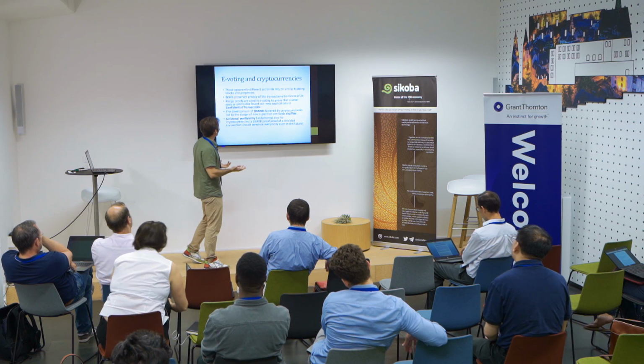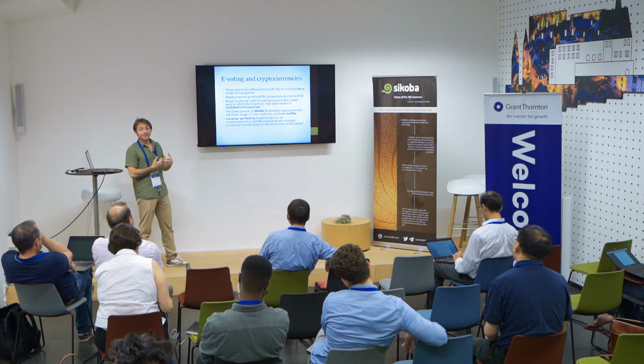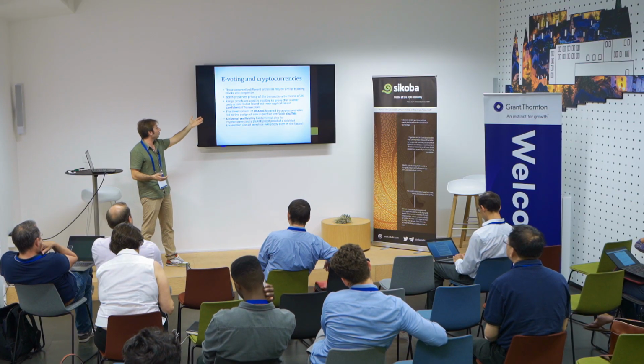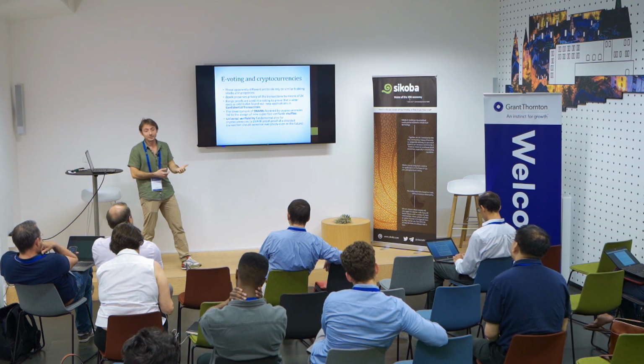E-voting and cryptocurrency. So why? They are apparently different, but we see that they share very similar properties and they build on very similar building blocks. So Zcash, for example, attempts to preserve the privacy of the transaction by means of zero knowledge.